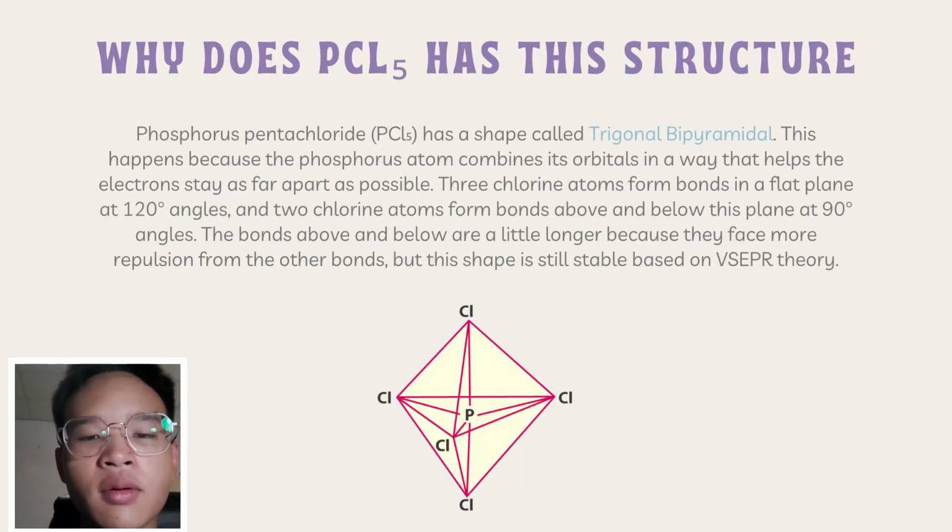So next we're going to talk about how phosphorus pentachloride gets its structure. Phosphorus pentachloride has a shape called trigonal bipyramidal.